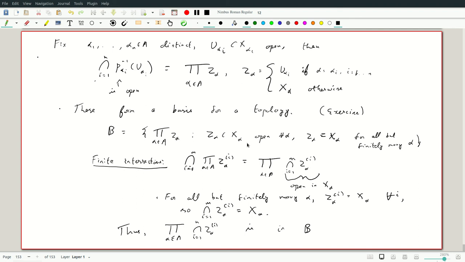And if we intersect finitely many, we get an open set. These finitely many are products, but not arbitrary products. All but finitely many are going to be the whole space. So in the case of index set n, your B will be the set of all products Z1 cross Z2 cross Zn onwards, with Zi equals Xi for all but finitely many.